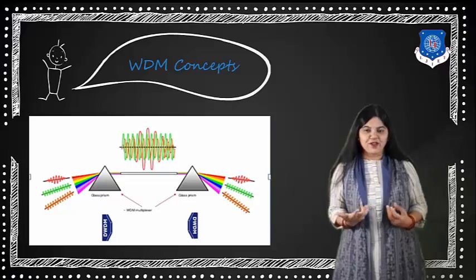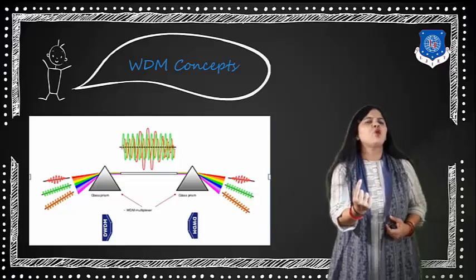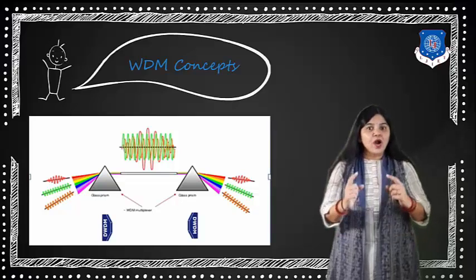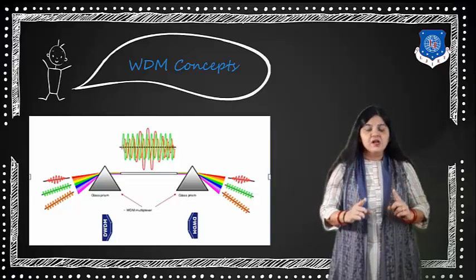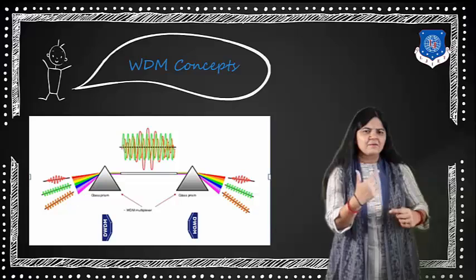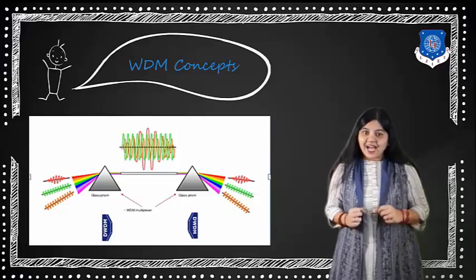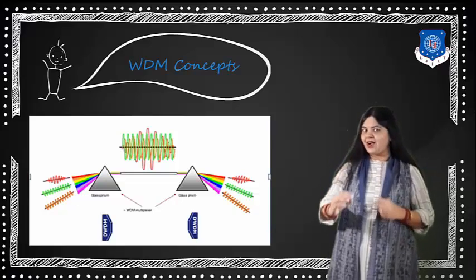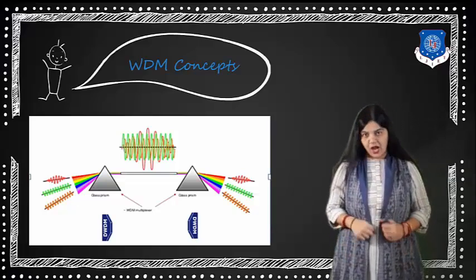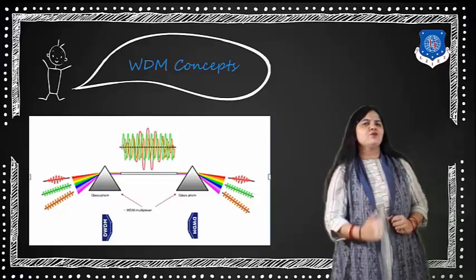We will study refraction later, but I'll give you an idea of what refraction is. It is when a wave travels from one medium to another medium, the light can be bent, or refracted. By setting the angle of refraction, we can get the multiplexed output. So refraction is the main fundamental used here.